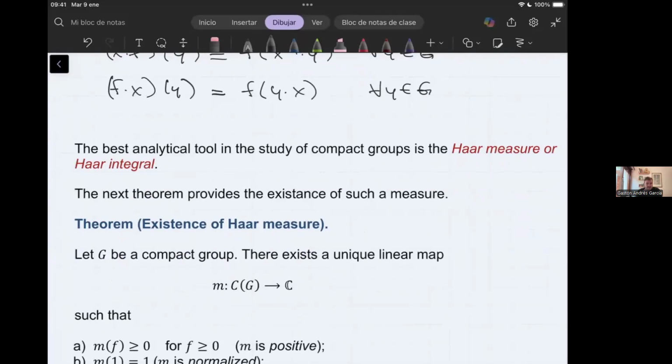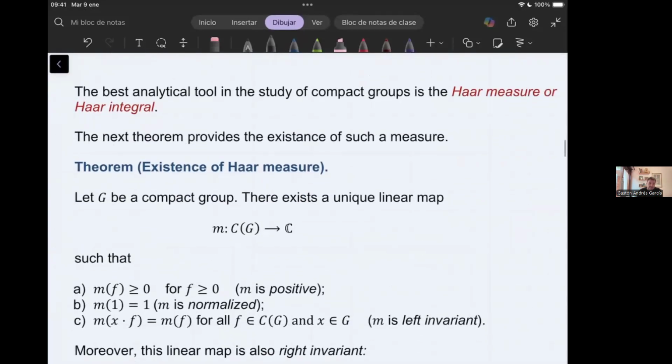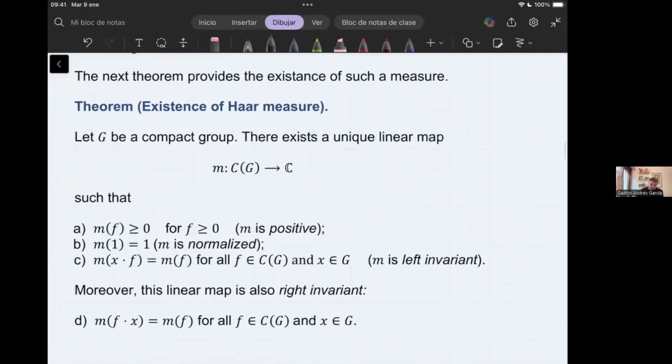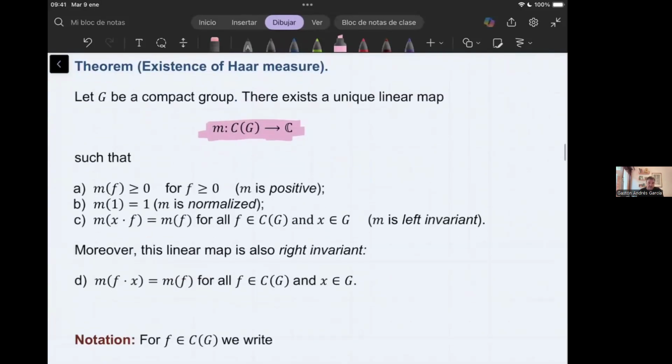So what is this Haar measure? Given a compact group, one can prove that there exists a unique linear map from the set of continuous functions to the complex numbers, such that it has the following properties that make this unique, okay? First of all, it is positive. What does it mean?